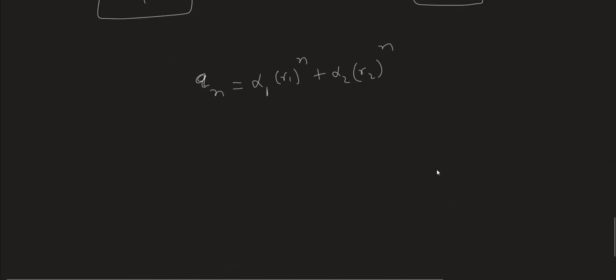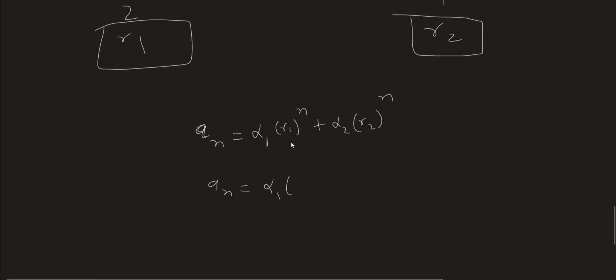Now, since we found the value of R1 and we found the value of R2, therefore this equation will be a_n is equal to alpha 1 times R1 was 2, so 2 raised to the power n, plus alpha 2, R2 was minus 1, which we calculated here.